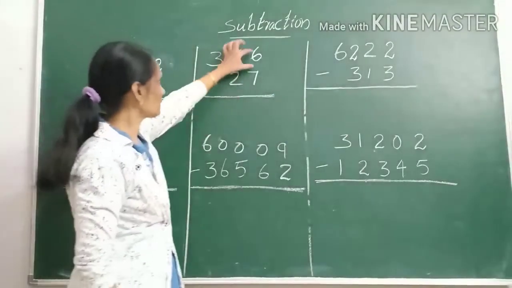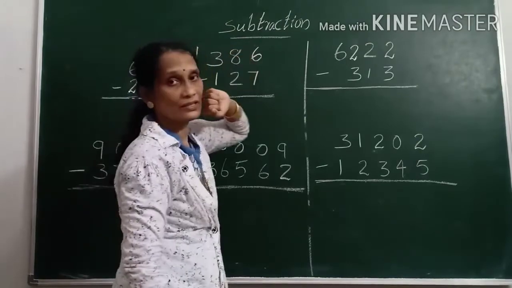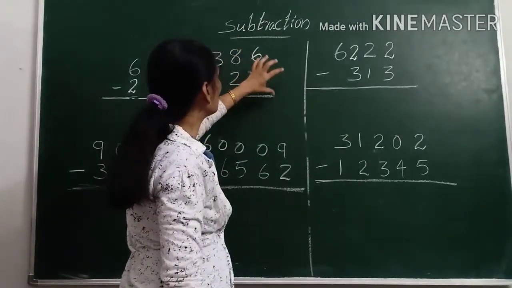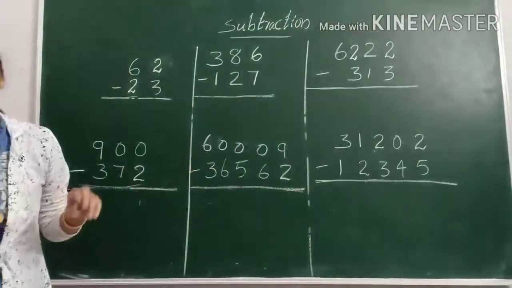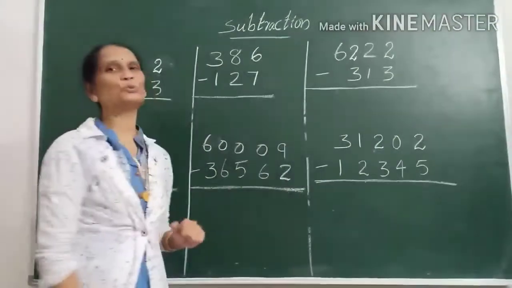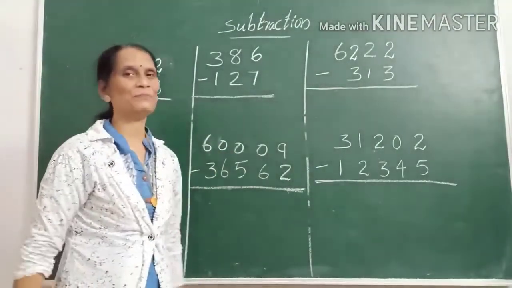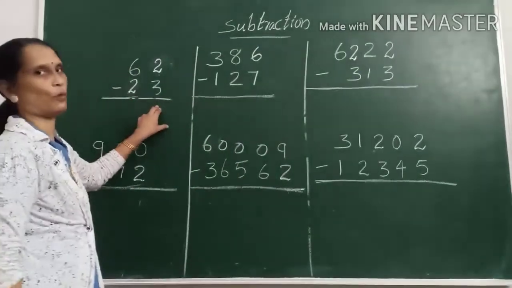Okay, here also, 6 is smaller than 7. So, if the digit in the minuend is smaller than the digit in the subtrahend, what will you do? That's also very easy if you know the addition table. So listen, how am I going to deal with these problems?